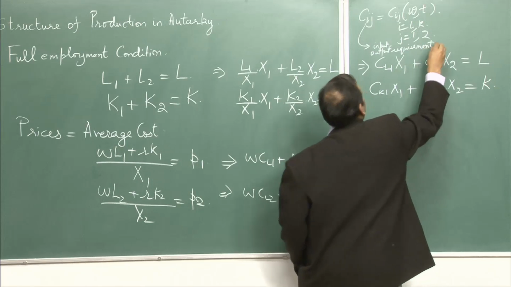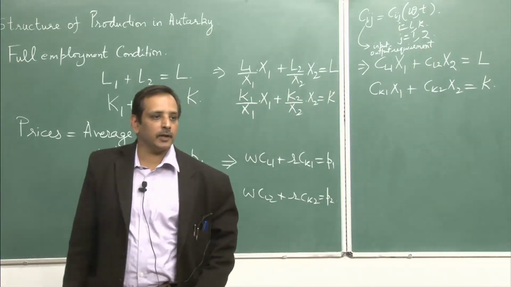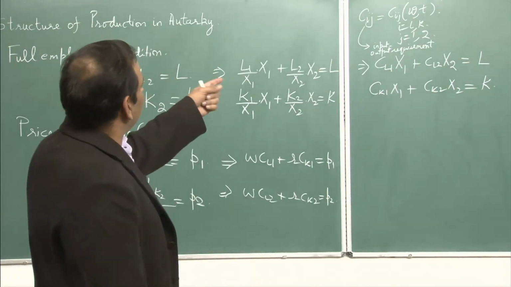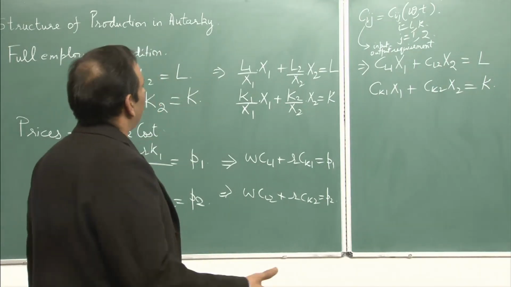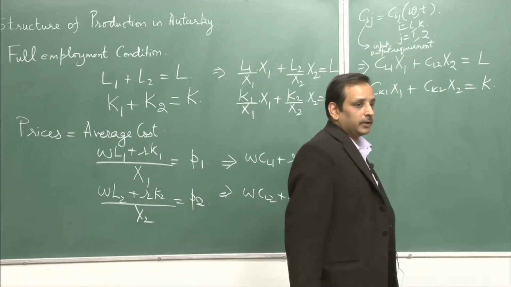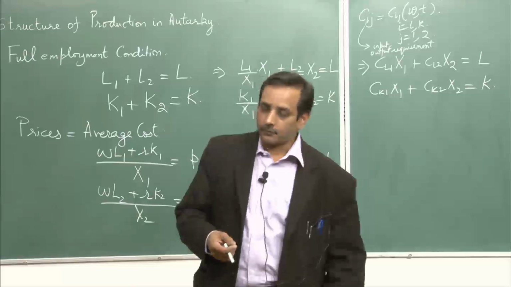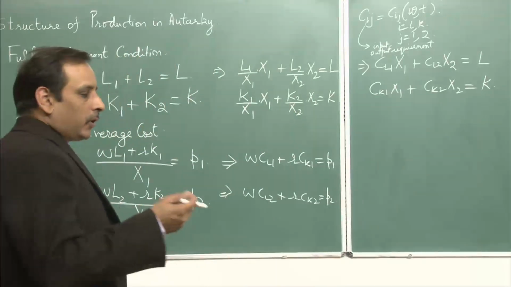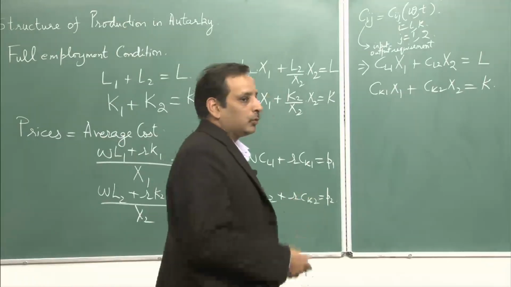You can well understand it as unit labor requirement or unit capital requirement, because it can be CL1, CL2. CL1 would be the amount of labor required to produce 1 unit of the output of the first industry. CL2 is the amount of labor required to produce 1 unit of good 2.